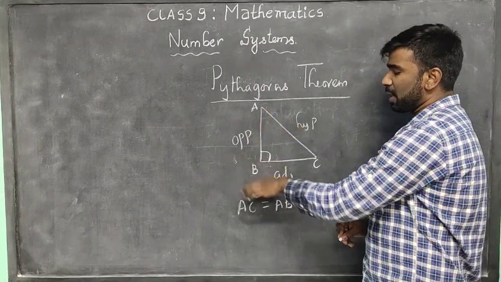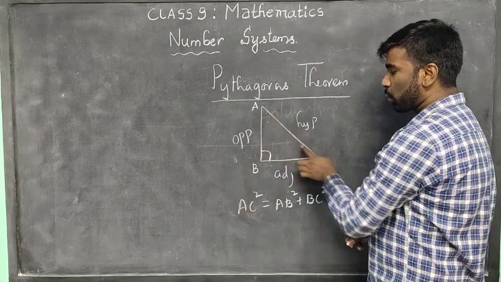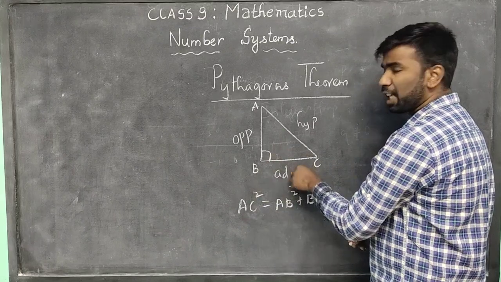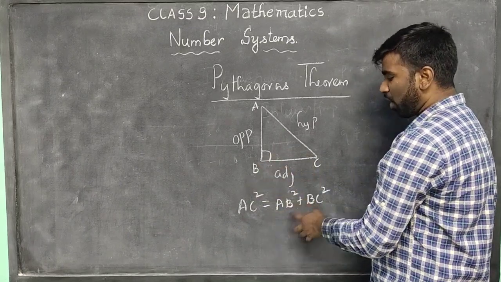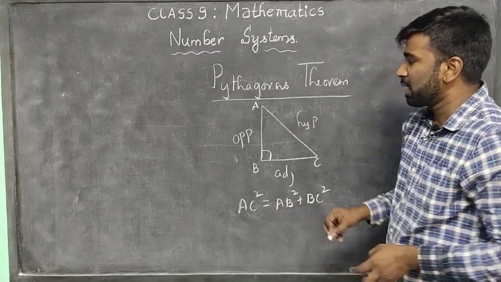In a right angle triangle, the square of the hypotenuse is equal to the sum of squares of the other two sides. This is called the Pythagoras theorem.